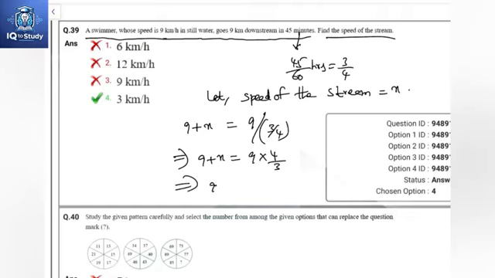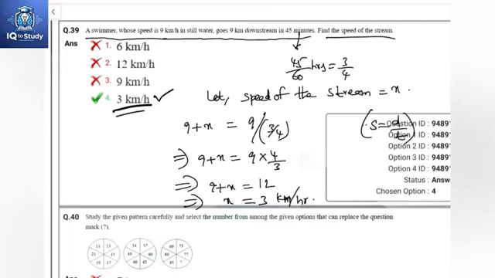That means 9 plus x is equal to 12 and x is equal to 3 kilometers per hour. So speed of the stream is 3 kilometers per hour, which is option number 4. It is taken based on the formula speed is equal to distance by time.